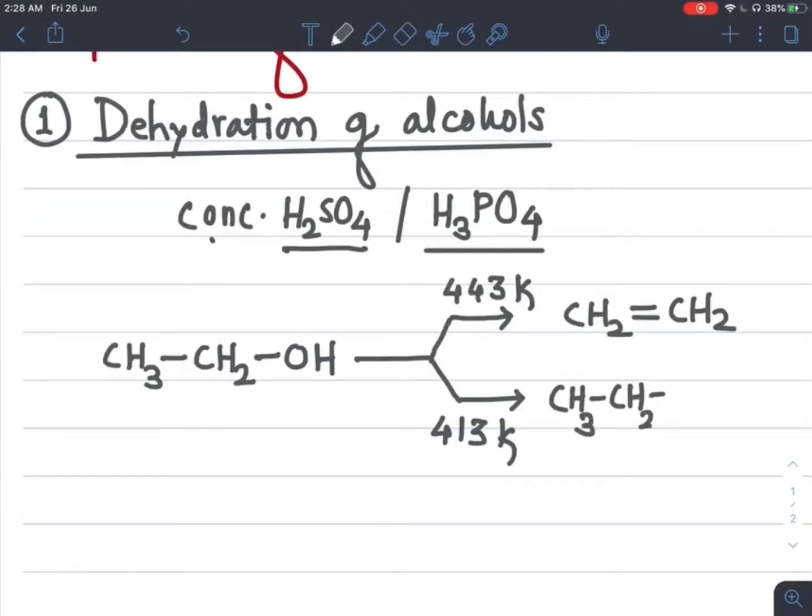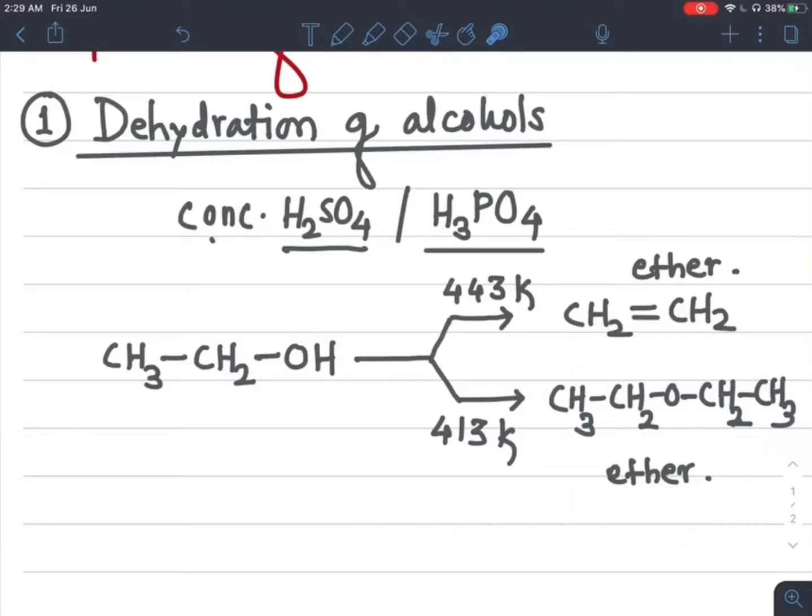So how does the reaction take place? Let's see. This is the ether, diethyl ether, and this is the alkene, that is ethene. So this reaction is a temperature dependent reaction. Temperature plays the most important role in the production of the product, either alkene or ether.